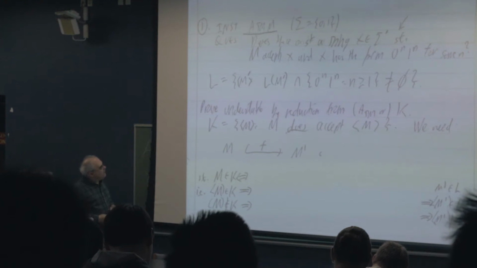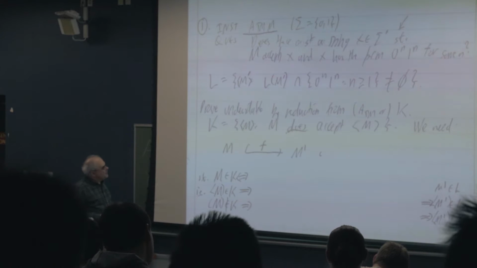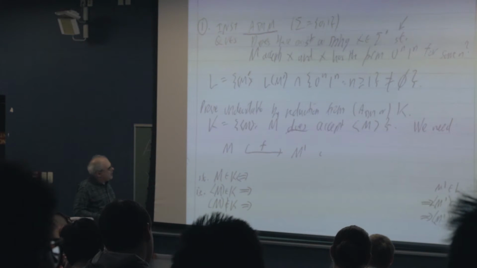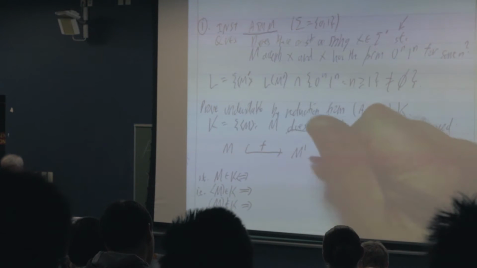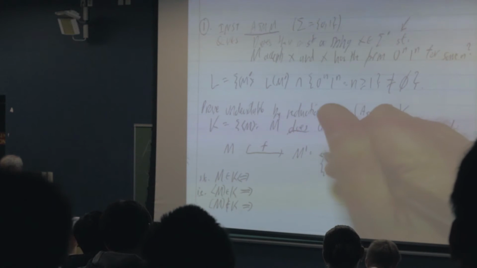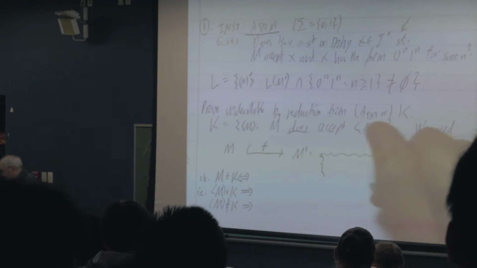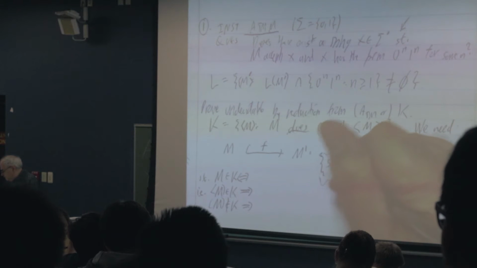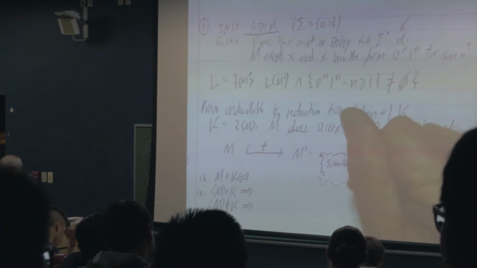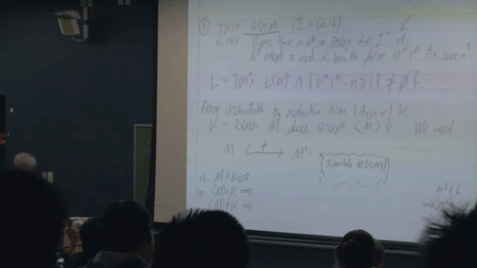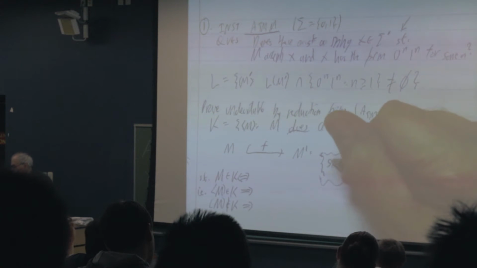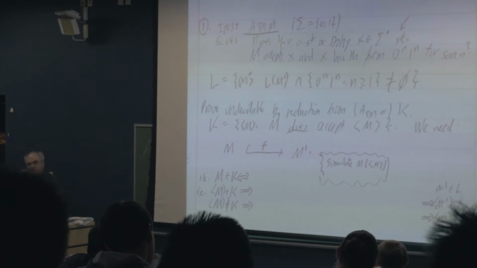Okay, now thinking of it as a toolkit again, we have our M, we're talking about K. So somewhere in the code, we're going to have a little routine where we're simulating M on its own code.